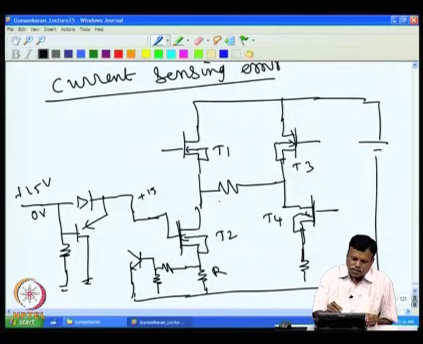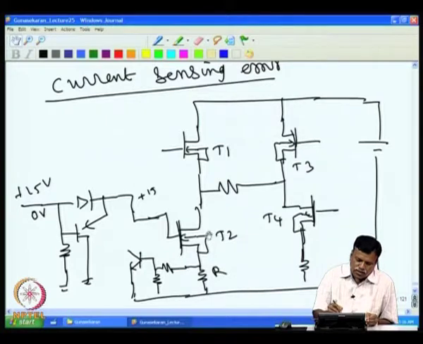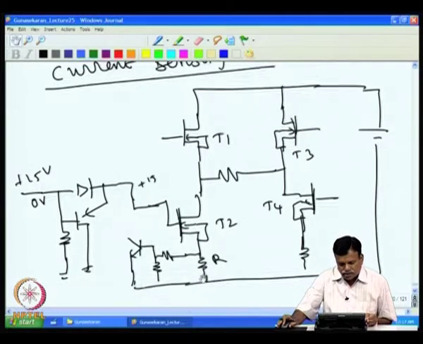In case of a short circuit of the load, or if this transistor turns on when it is supposed to be off, for example, when this is on, this should be off, but if this comes on for some reason, or if the resistance is shorted, then high current flows through it. We want to protect this from damage.